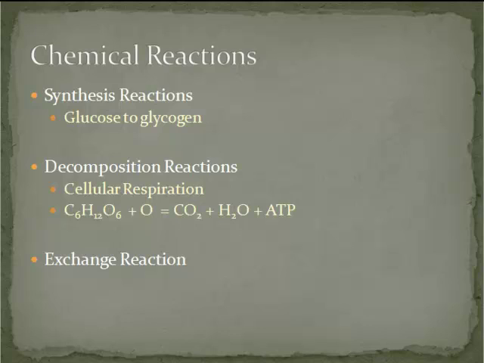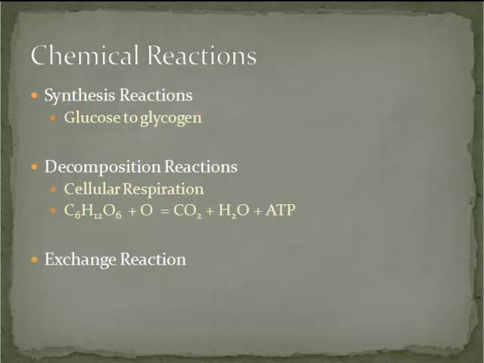As you eat foods, your body breaks those foods down into simple sugars called glucose, and then it is absorbed into the body. Your body can then hook those glucose molecules together in long chains called glycogen, and that can be stored in your liver until later when you may need more glucose and your body can break it down. Glycogen is very similar to starch, which you most likely have heard about, which is the way that plants store glucose. In both cases, those are synthesis reactions. We're taking glucose and building it into larger molecules.